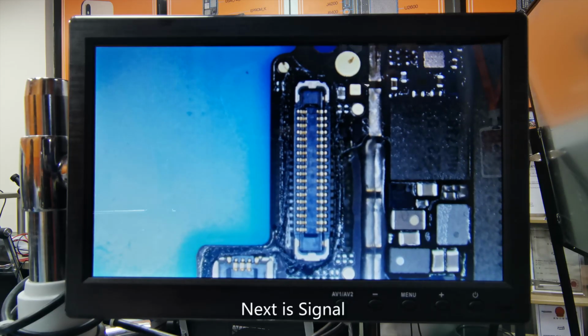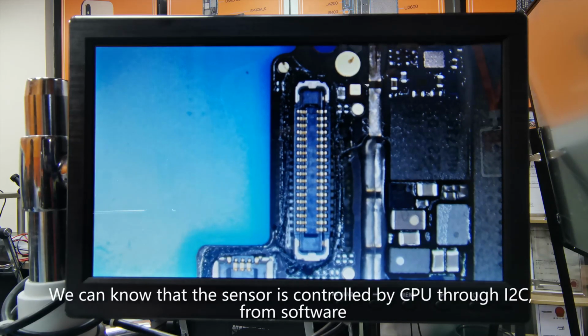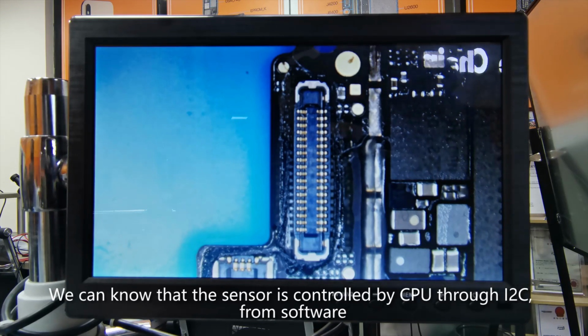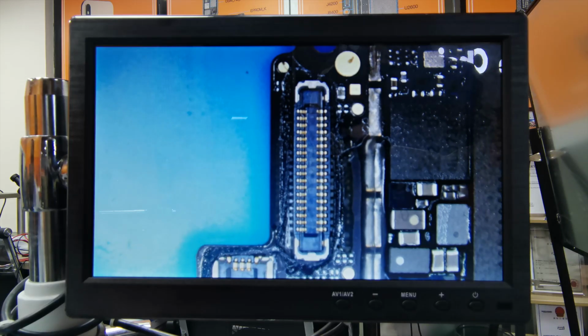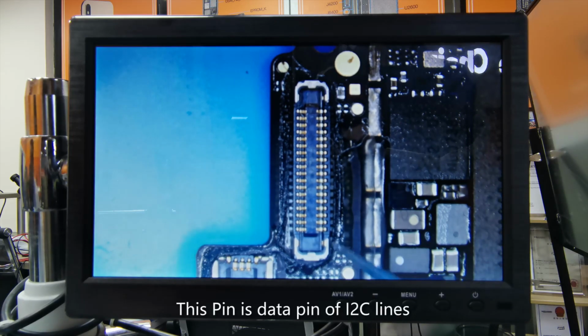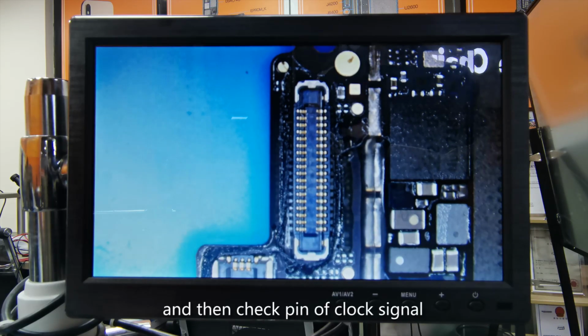Next is signal. We can note that the sensor is controlled by the CPU through I2C from software. This pin is the data pin of the I2C lines. And then check the pin of the clock signal.